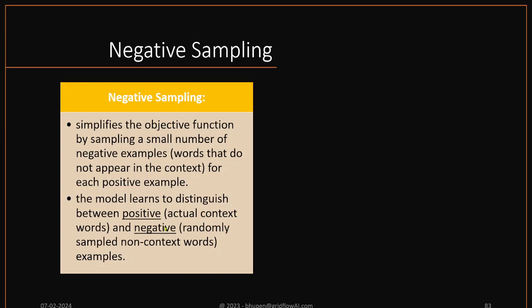So essentially, we will build a binary classifier with these two sets of data. One is the positive pair, and the other one is the random pair where the target word is just chosen randomly from the vocabulary. So that's the binary classifier. I'm going to explain how this binary classifier is going to work in negative sampling.